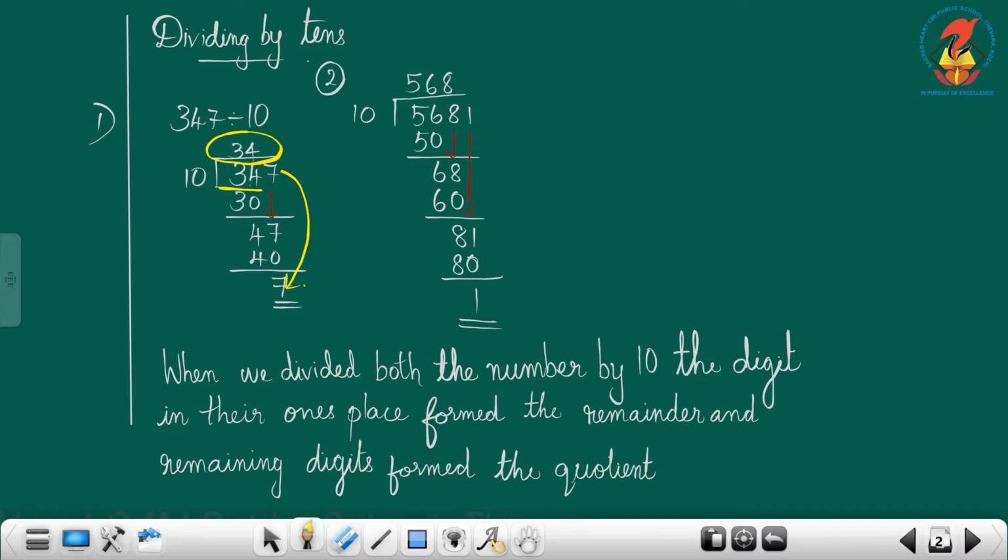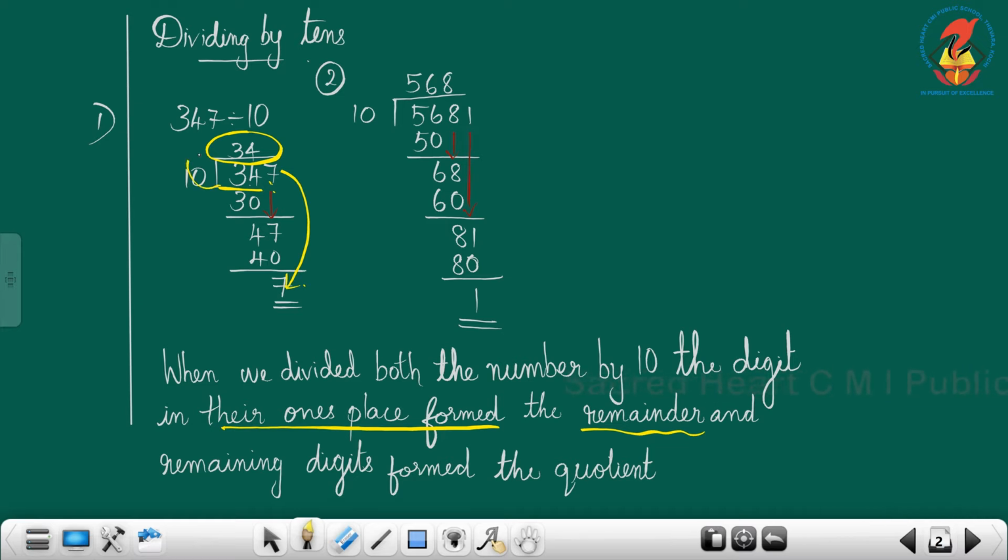So, when we are dividing both the numbers by 10, their ones place number forms the remainder. Okay, the ones place number is formed in the remainder. The remaining part of the digits form the quotient.